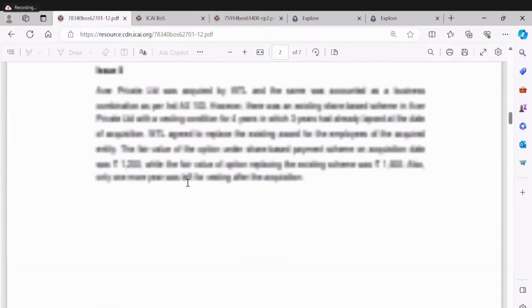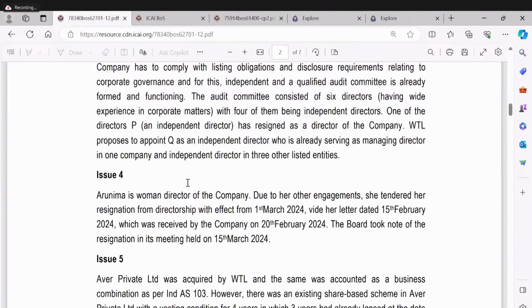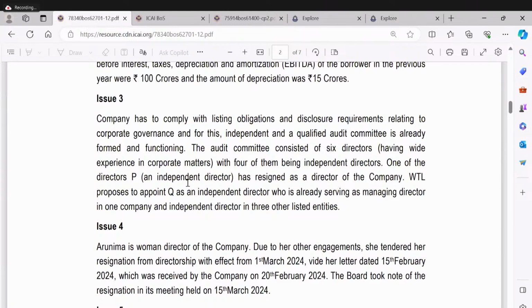Now, what type of a director Mr. Q is? You have already seen this issue earlier also when Shraddha ma'am was discussing the law provisions or issues pertaining to the subject of law. We'll just go through the last sentence of this issue.